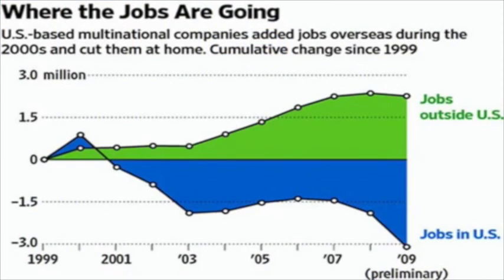So all the jobs went offshore, but for quite a long time, the standard of living continued to improve, or at least not deteriorate, because Fannie and Freddie were pushing up the home prices and allowing people to take equity out of their homes. And in that way, the economy continued to grow.